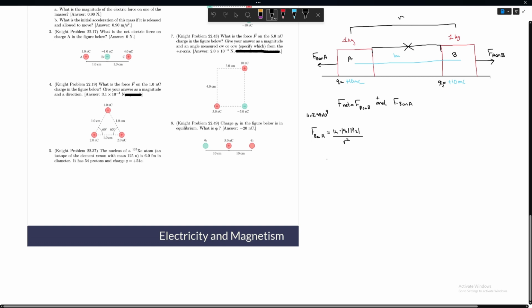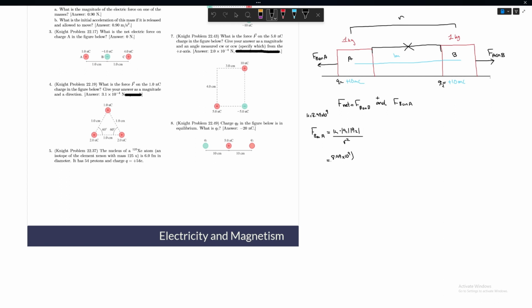And so plugging them in, what you'll get is 8.99 times 10 to the 9. And the charge, we have 10 millicoulombs. Now, if you keep both of these in coulombs, you don't have to do the conversion. But the thing is, this one might mess up your calculation. So what I would advise everybody to do is always keep it in coulombs, like in one measurement.